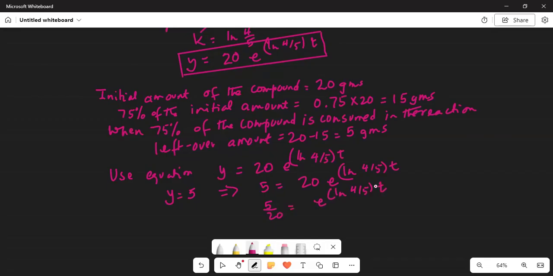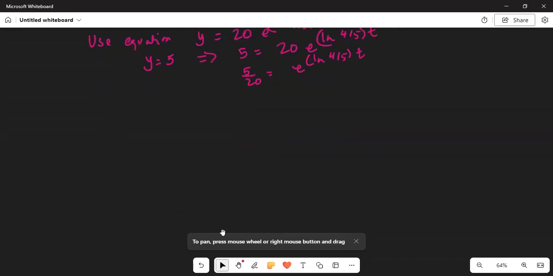Okay. So if I create some space, this becomes 1/4 is equal to e to the power of ln 4/5 times t. Okay.